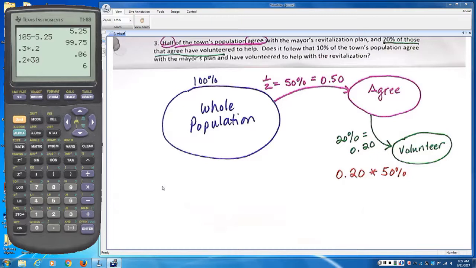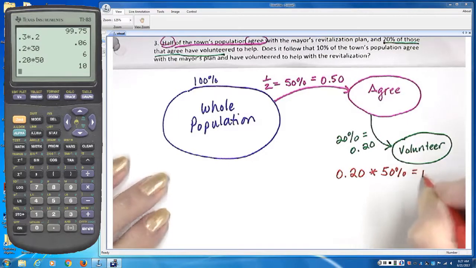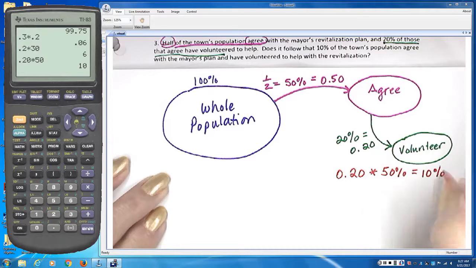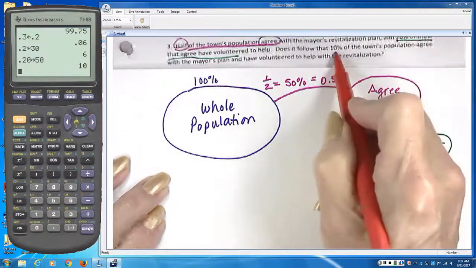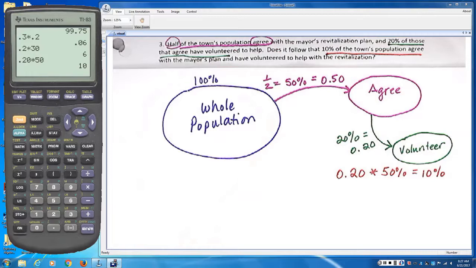So 20% times 50% is 10%. So yeah, it does seem to be that 10% of the entire population agrees with and will volunteer.